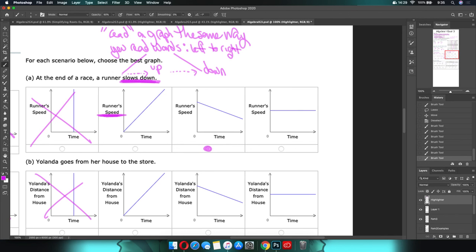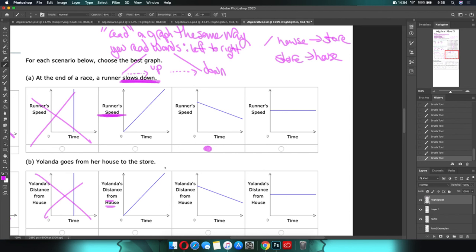Next one, Yolanda goes from her house to the store. Distance from the house. Because here's the thing: if I'm going from house to store versus store to house. If I'm going from the house to the store, like it says here, then it's going up.